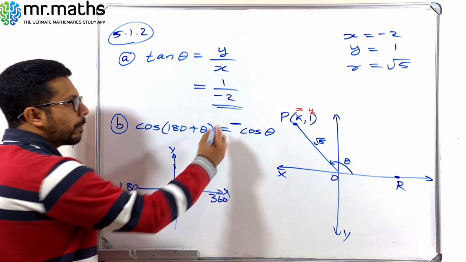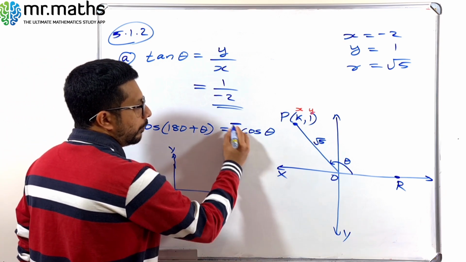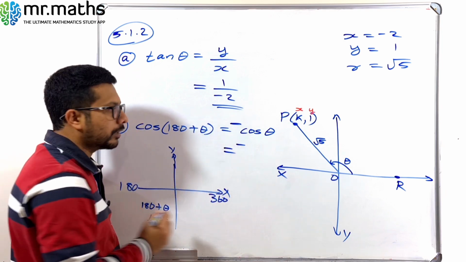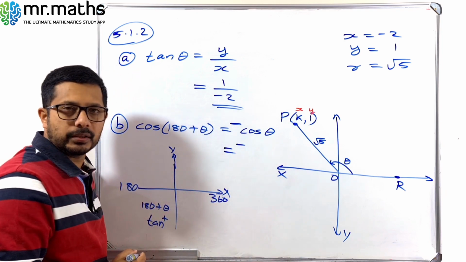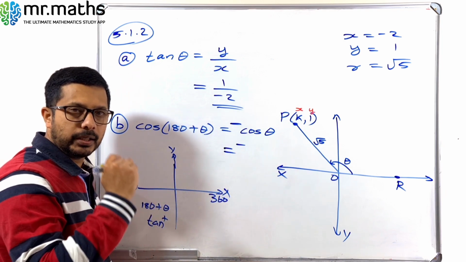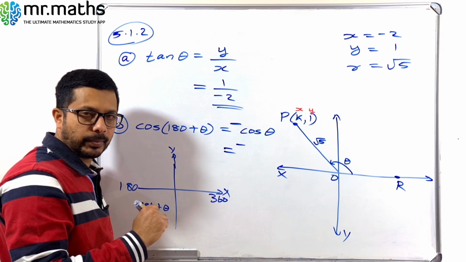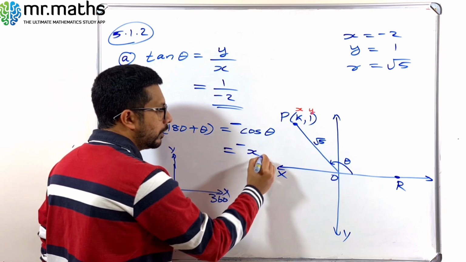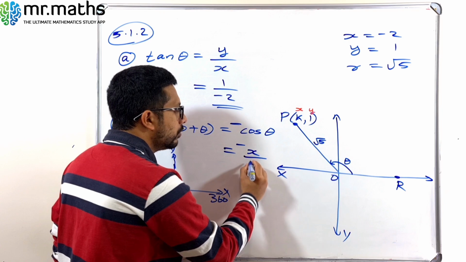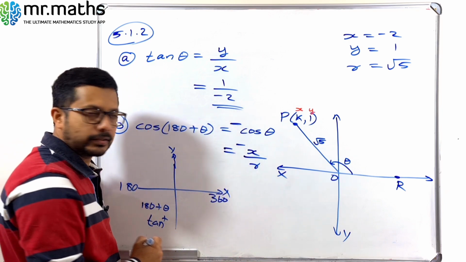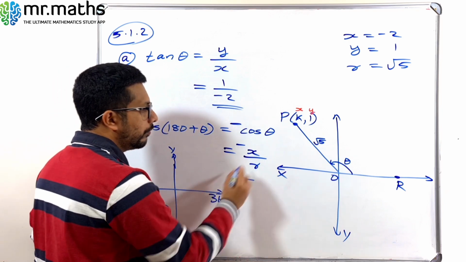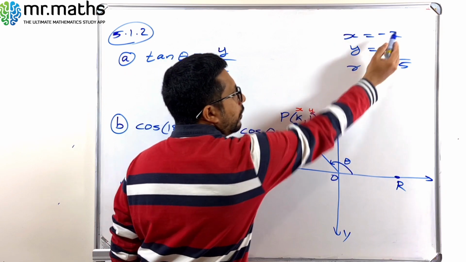Now this is equal to minus, I put that minus there. What is cos theta by definition? Adjacent side by hypotenuse. Adjacent side we represent with x, hypotenuse we represent with r. So minus of x, and x here is minus 2.